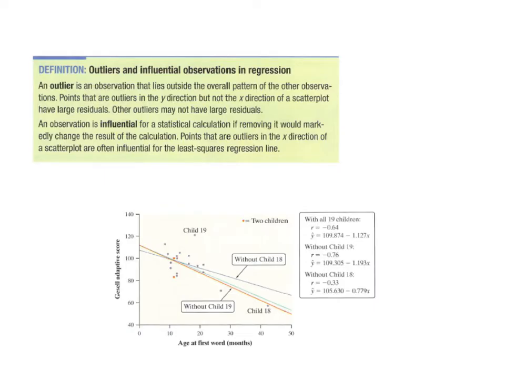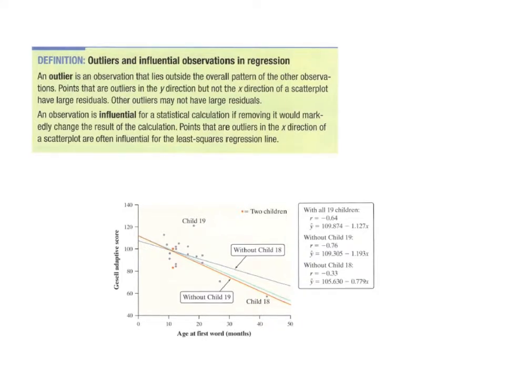Let's look at one last thing: outliers and influential observations. An outlier is an observation that lies way outside the overall pattern. I'm sorry, guys. Points that are outliers in the y direction, the up and down direction, like really high in the y direction, have really big residuals, not necessarily in the x direction.